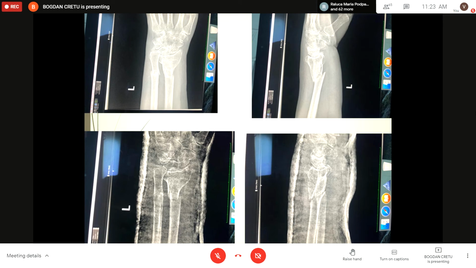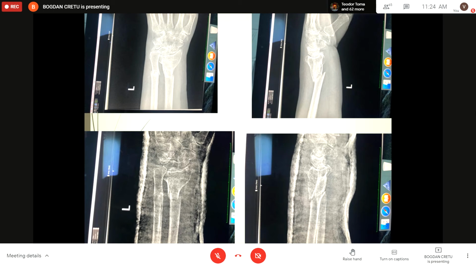On the outside of the arm, you can see the translucent outline of it, the same image on both incidences. If the patient had a splint, you wouldn't see it on the profile images. You would see it only on the anterior posterior image.